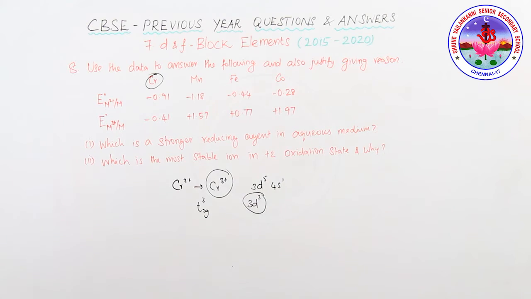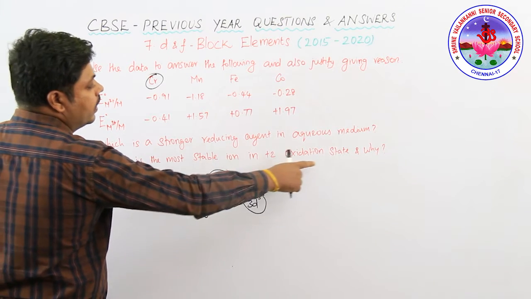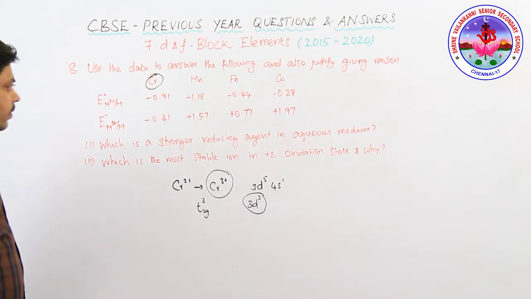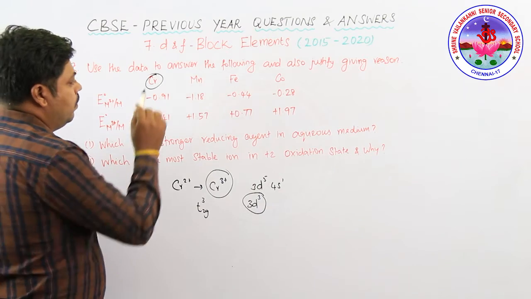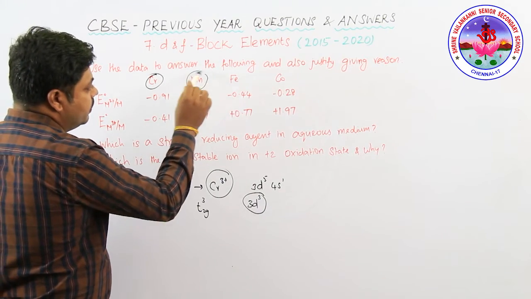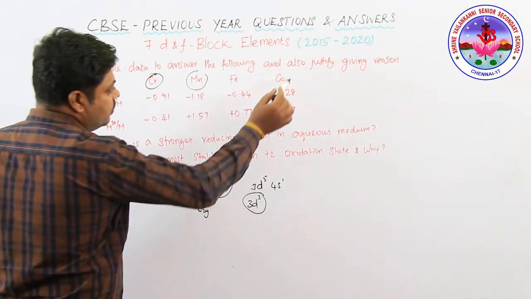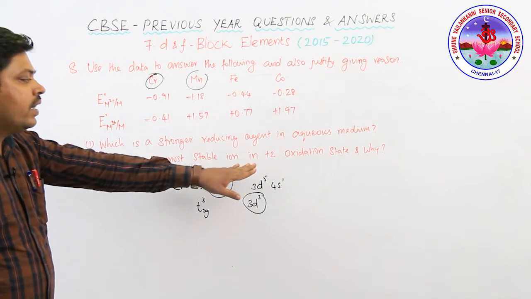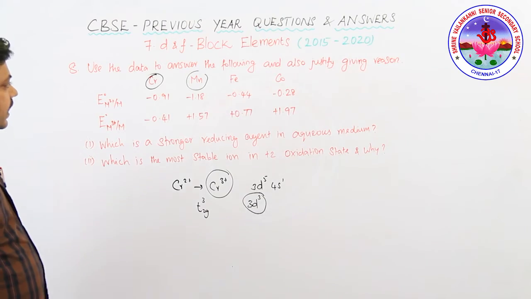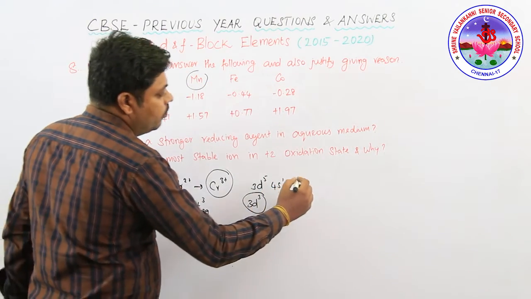The next question: which is the most stable ion in the +2 oxidation state and why? Chromium, manganese, iron and cobalt all exhibit +2, but which is the most stable?